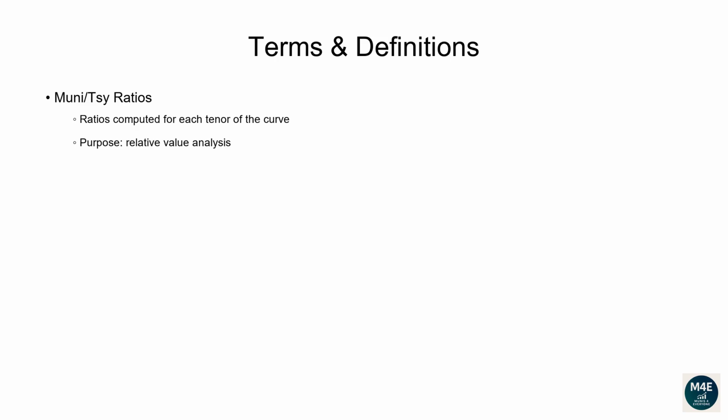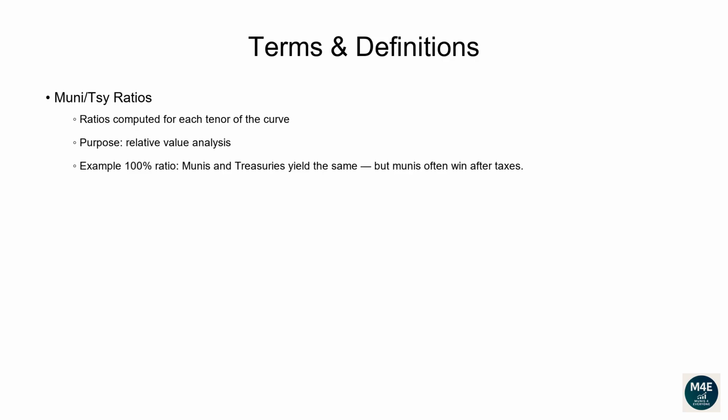They are one way portfolio managers and traders use to measure the relative value between municipal bonds and treasuries. Treasuries are the risk-free benchmark backed by the US government. Munis are obligations issued mostly by states and cities. Therefore, professionals want to know, am I getting enough extra yield in munis compared to risk-free treasuries?